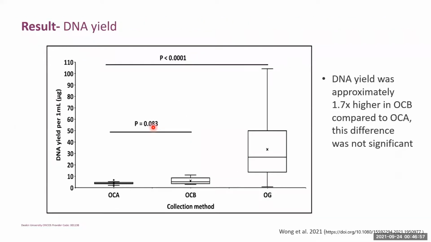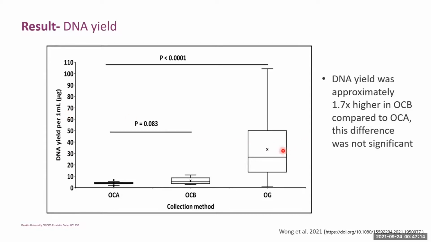So next, we did an analysis on DNA yield. The x-axis represents the different collection methods, and the y-axis represents the DNA yield per 1 ml in micrograms.